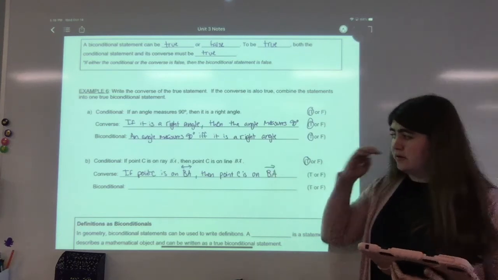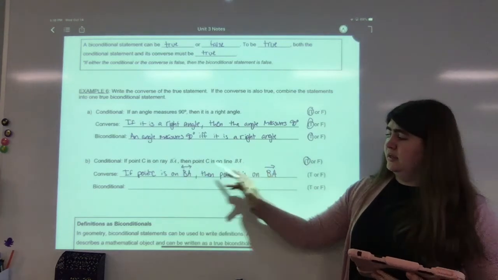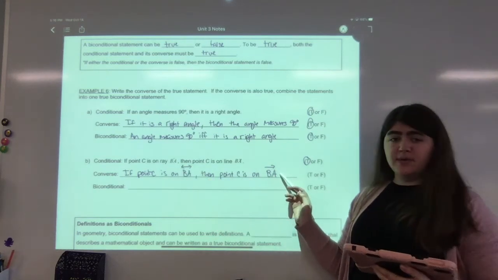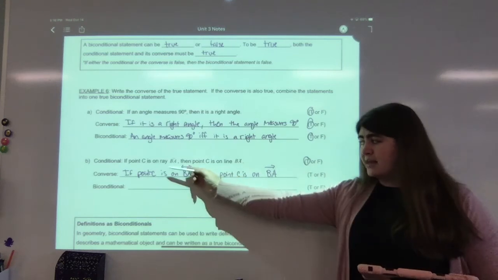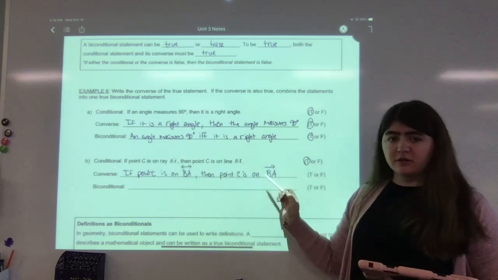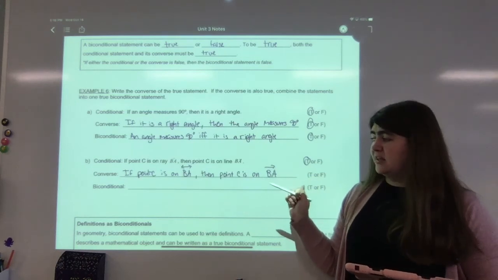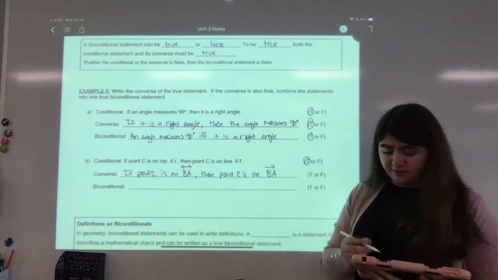All right, so if it's on the ray, then it must be on the line. If the point is on the line, does it have to be on the ray? No, because the line continues past B, but the ray starts at B and only goes towards A. So if on our line, point C is before B, then it's not on this ray, so that's false.